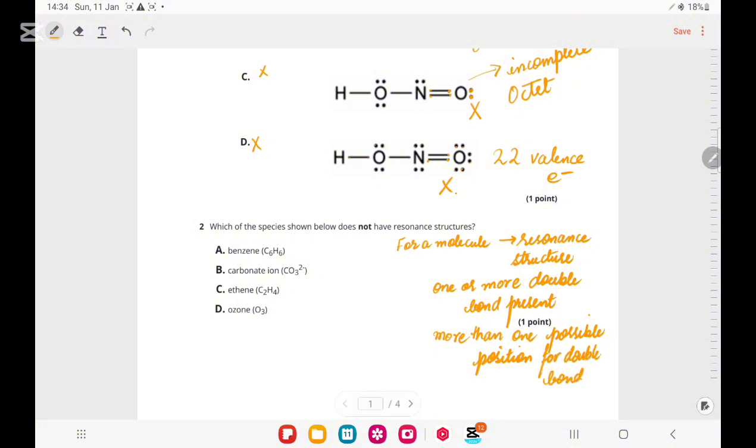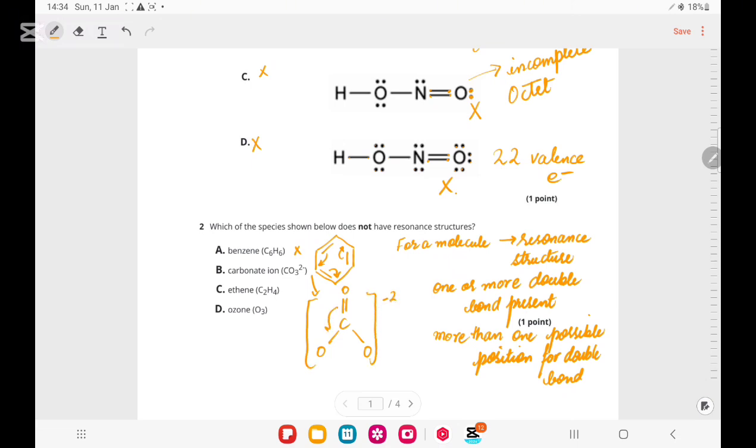For example, the benzene structure is like this, and you can see it has a double bond here, so this can rotate, it has another position for the movement of electrons, so its resonance structure is possible. So this is not the answer. If we see carbonate, carbon is having a double bond here, one oxygen having a -2 charge.